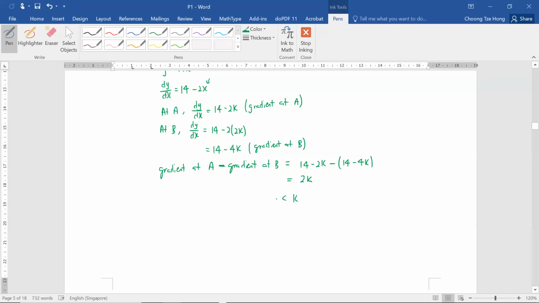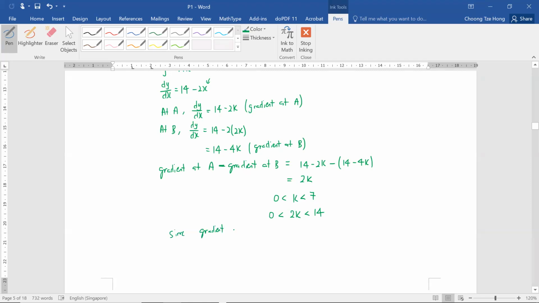So k is greater than 0 but less than 7, so 2k is greater than 0 but less than 14. So 2k is a number between 0 and 14. That means it's positive. So if gradient A minus gradient B is a positive number, that means gradient A is bigger.